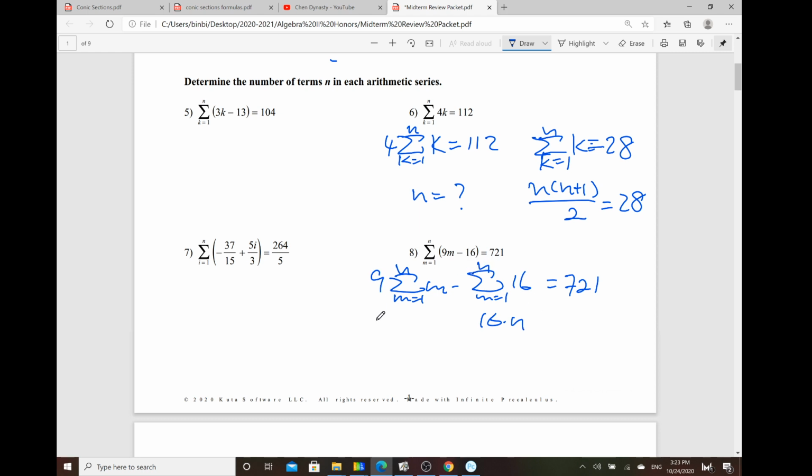And then this one is just 9 times the quantity of n times n plus 1 over 2. So once you combine them and try to isolate the variable, it looks like this one's going to be quadratic, so you want to bring everything together to one side. Then solve for n.